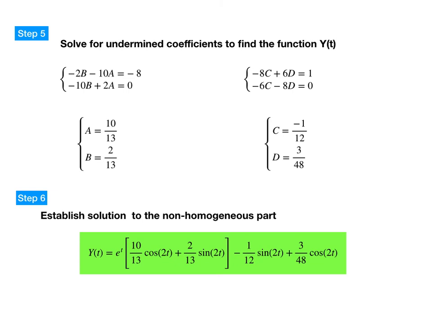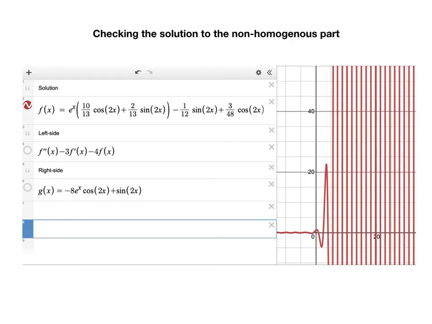Alright, once we found the solution to the non-homogeneous part, maybe we would like to check whether the solution that we found earlier is correct. So we can plot the solutions, which give us the red curve right here, right? And we can plot the left side of the differential equation using f double prime minus 3f prime minus 4f, to get that blue curve, which is the representation for the left side of the equation.